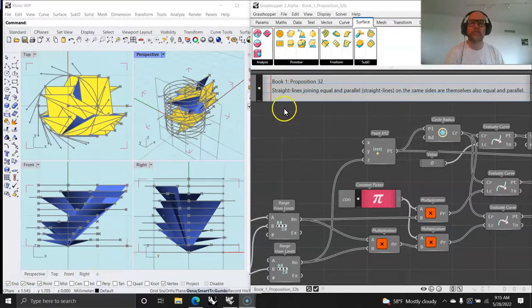Proposition 32 says that straight lines joining equal parallel straight lines on the same side of themselves are equal and parallel. Basically, how to make a... what is it? Rhomboid, rhombus. Give me a second.